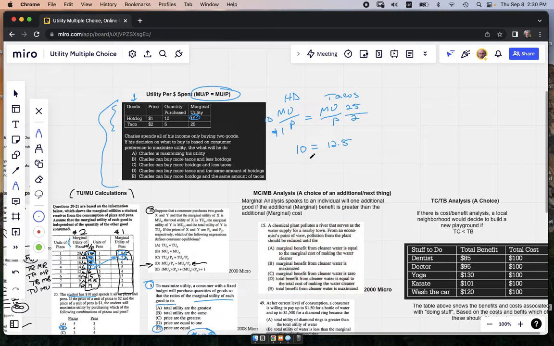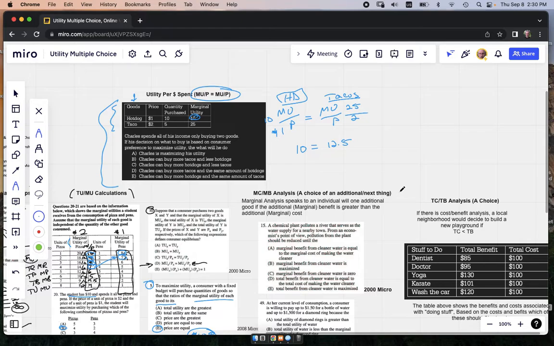Now, this is important. What this is saying is that for every dollar spent, hot dogs give me 10 units of satisfaction, whereas tacos give me 12.5 units of satisfaction per dollar spent. Now think about that. Which one would you rather have? Another taco? Another hot dog?